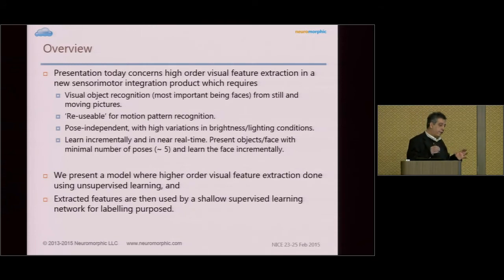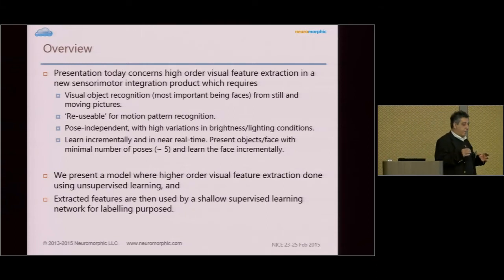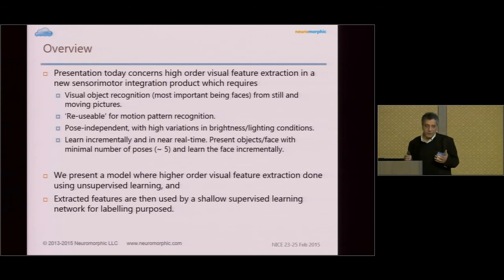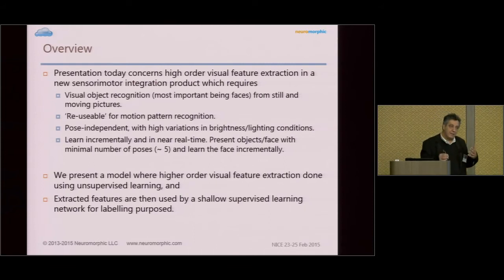So most of the feature analysis is done using an unsupervised learning method, whereas the actual labeling of the resulting features is done by a labeling system, which is effectively a two-layer multi-layer perceptron classifier.